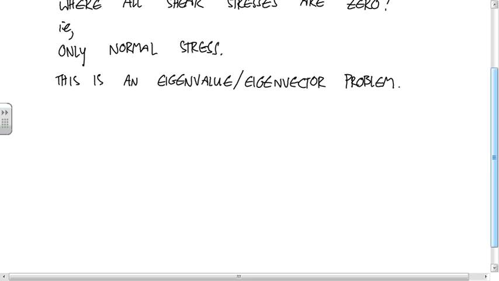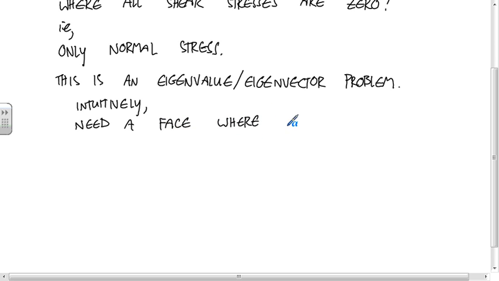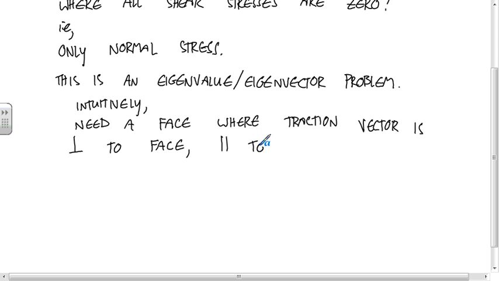So intuitively, you need to find a face where the traction vector is perpendicular to the face, which is the same thing as saying it's parallel to the normal vector.